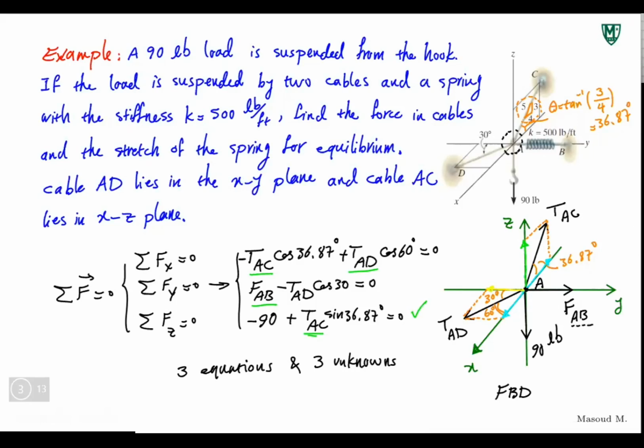Once I know TAC, I can plug TAC back in this equation here. Obviously, I don't know TAD yet, but the only unknown would be TAD in this equation. So I can find TAD. Once I know TAD, I'll come to the equation in the middle and find FAB. So it works pretty smoothly.